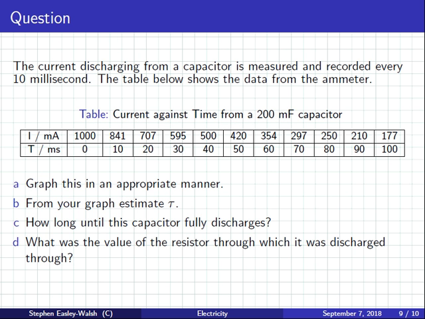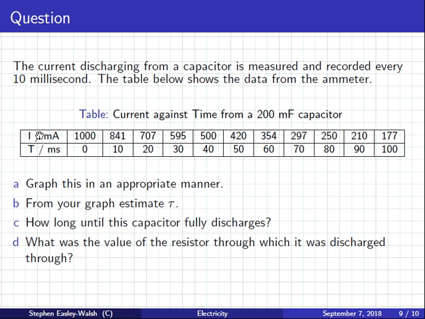Right, let's look at this example. A current discharging from a capacitor is measured and recorded every 10 milliseconds. The table below shows the data from the ammeter. Graph this in an appropriate manner. What does that mean? I mean, should we graph I or not?